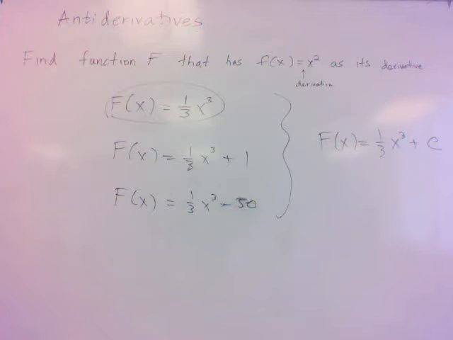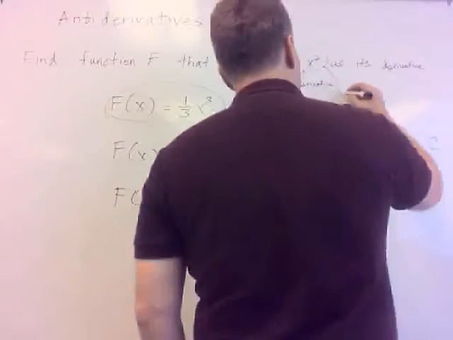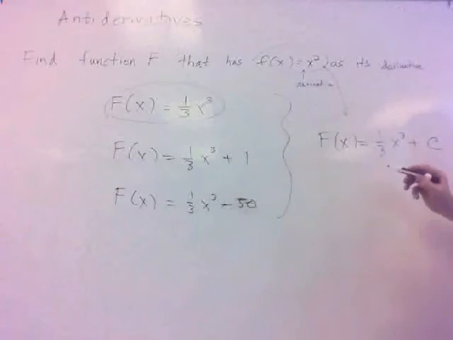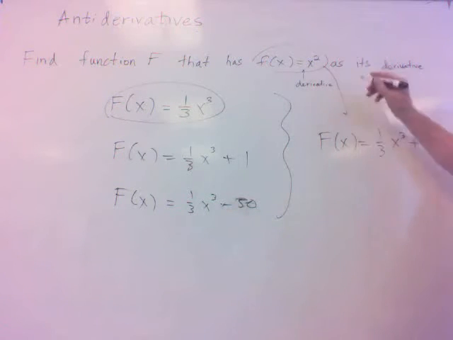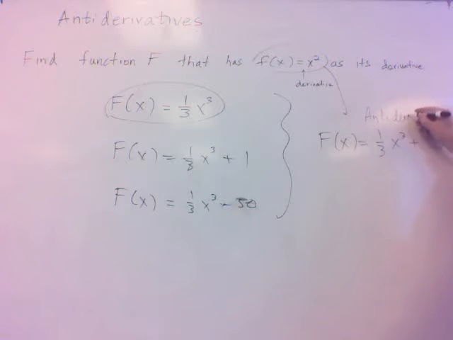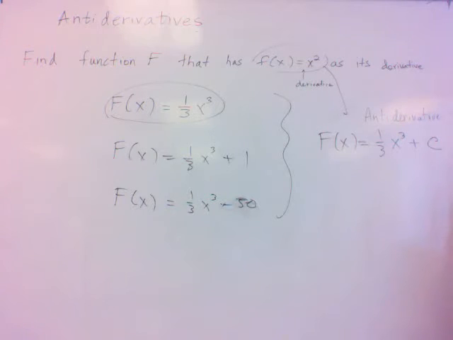Now, for this reason, we started with the derivative, and then we got the function. For that reason, big F of x here is described as the antiderivative of the function we started with there. With me on that? That's where antiderivative comes in. This big F of x is the antiderivative of that little f of x we started with.